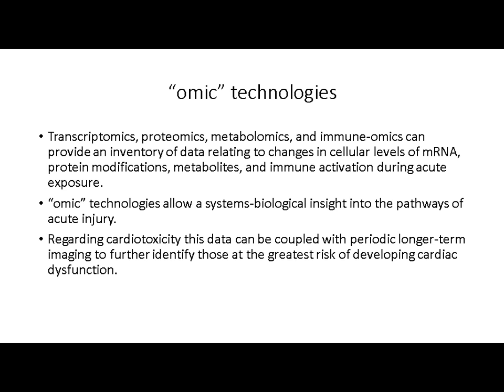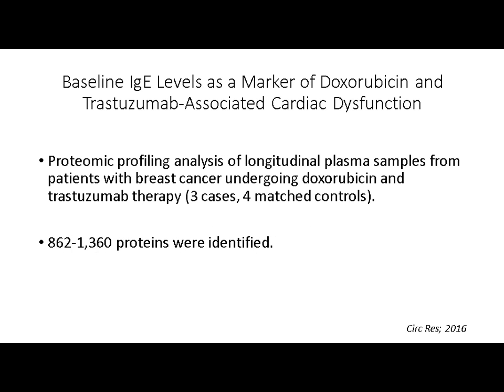of developing cardiac dysfunction. This work analyzed the proteomic profiling of longitudinal plasma samples of patients with breast cancer undergoing treatment with doxorubicin and trastuzumab, 3 cases and 4 matched controls, and identified over 1,000 proteins.